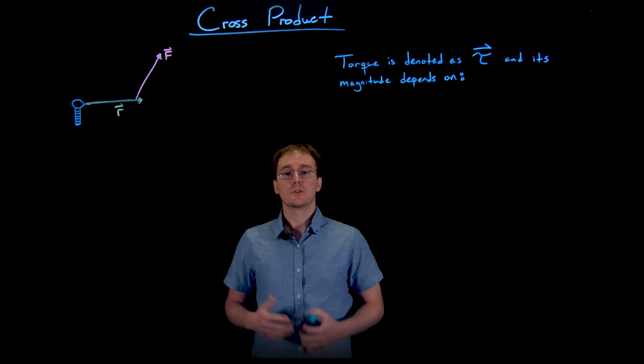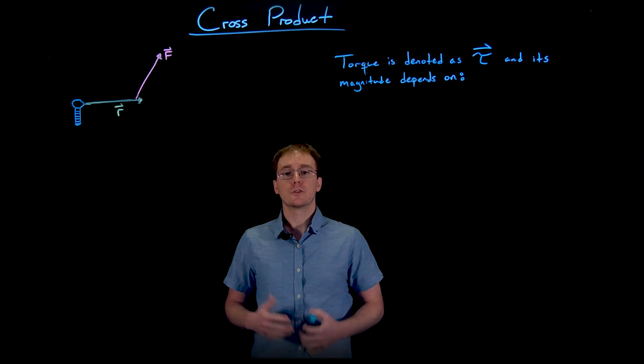The second is the amount of push contributed by our force vector, or more precisely, the amount of push that is perpendicular to our position vector R. Only that perpendicular component of our force vector with respect to R is actually going to cause any rotation around our axis of rotation, our bolt.